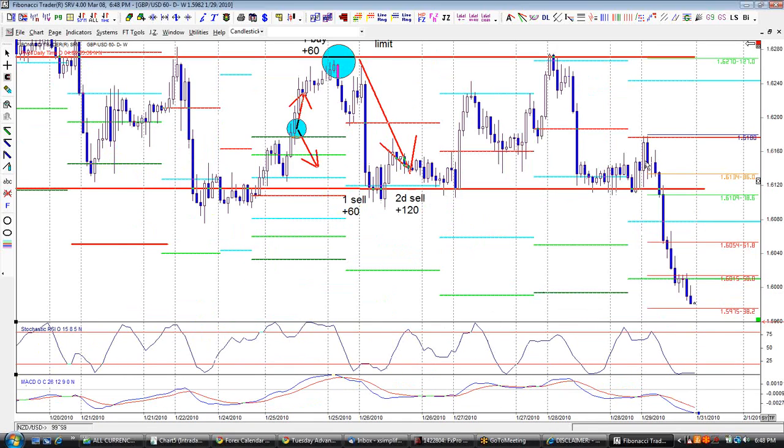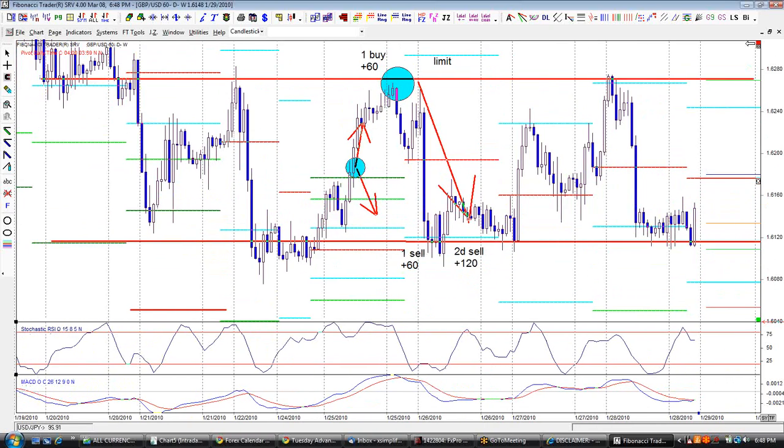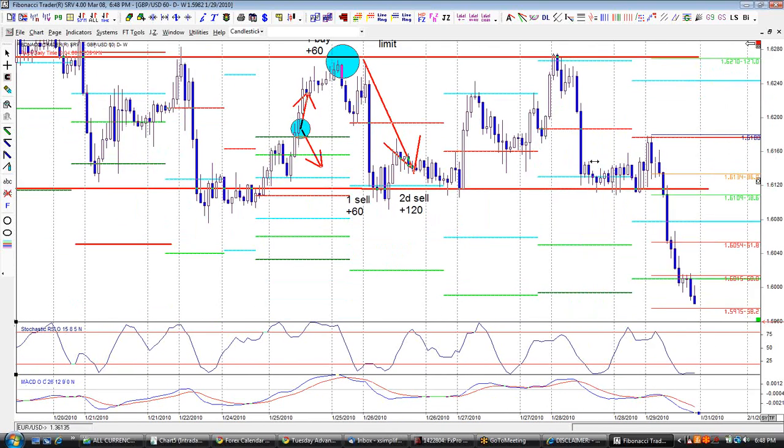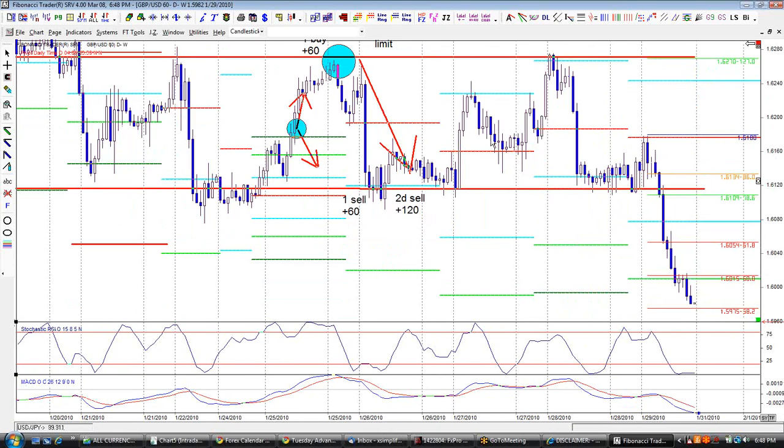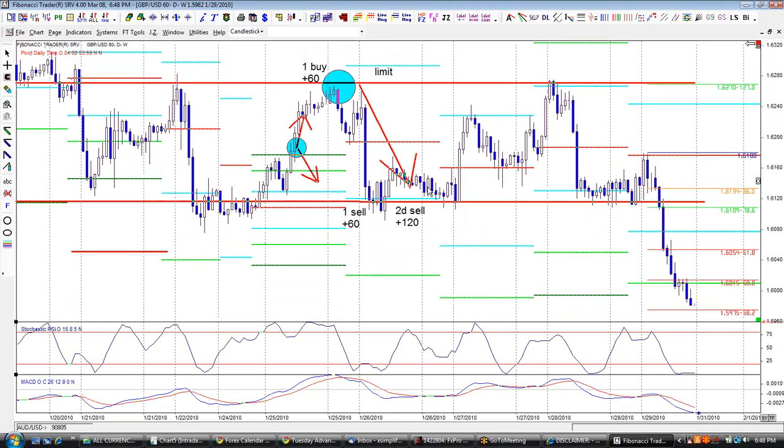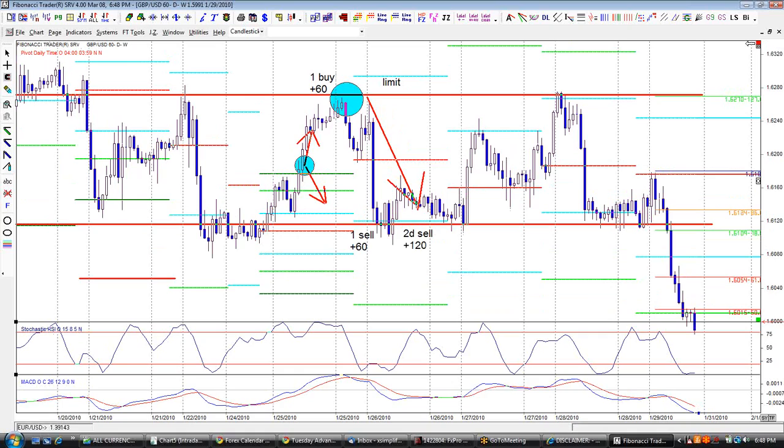There's nothing for you to do. This is just a bad trade, the bad trade that you can take. It's the same way if you want to trade the breakout. You can enter on a false breakout and the market can go inside again.